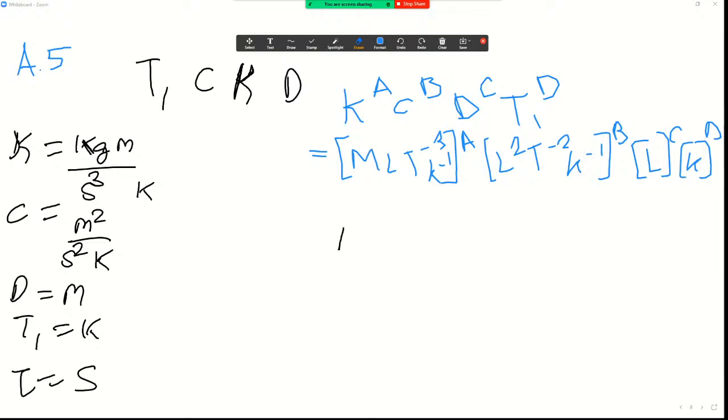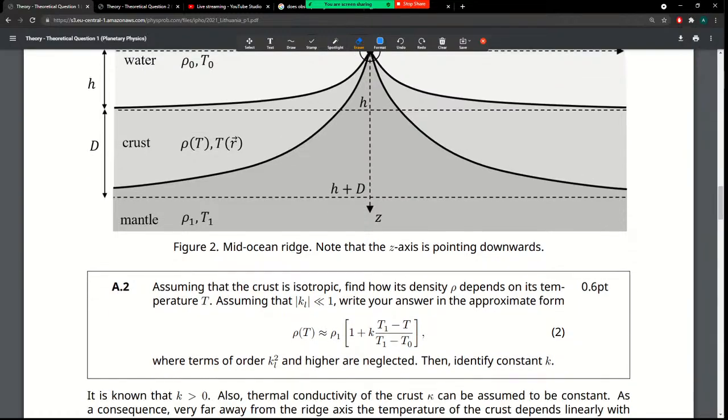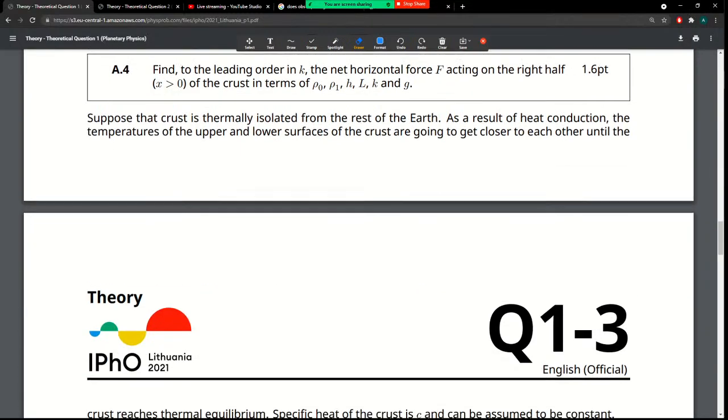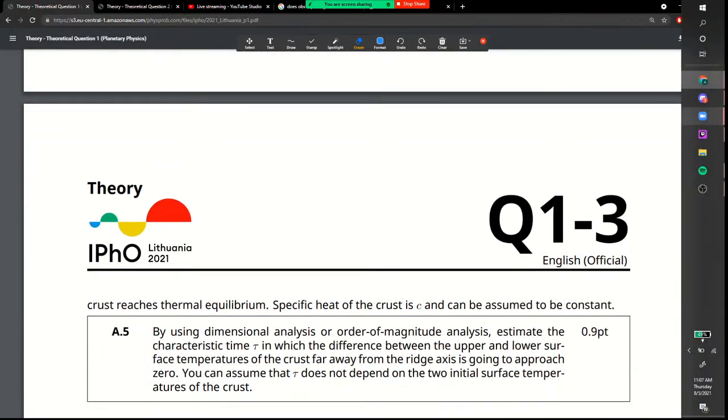So C was, is it specific heat capacity or heat capacity? I don't remember. Let me look. It is specific only.